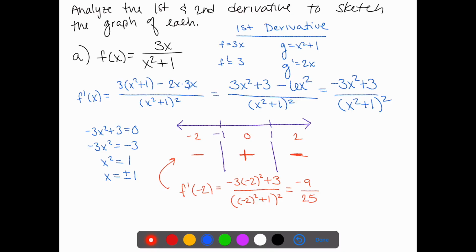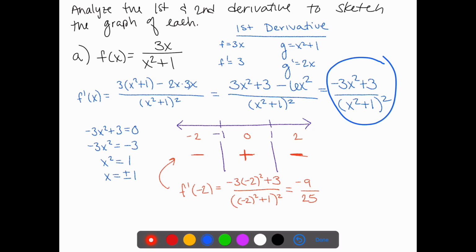I'm going to take these test values and plug them into my derivative to analyze whether that derivative is positive or negative. If you take negative 2 and plug that into your first derivative, you would be computing negative 3 times negative 2 squared plus 3 all over negative 2 squared plus 1 squared.